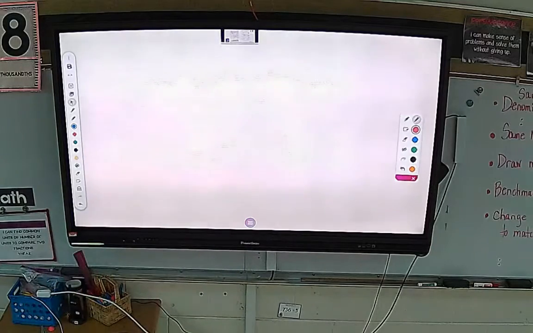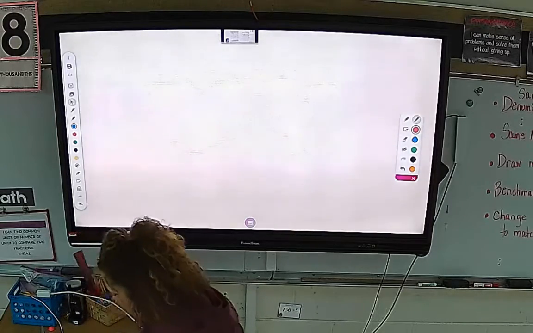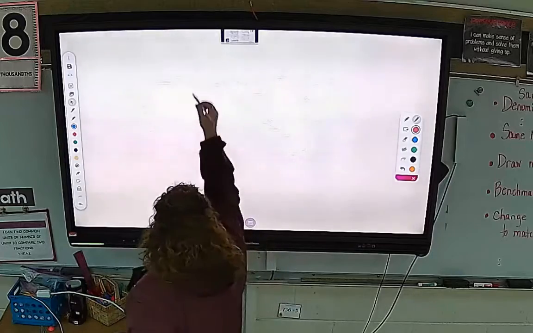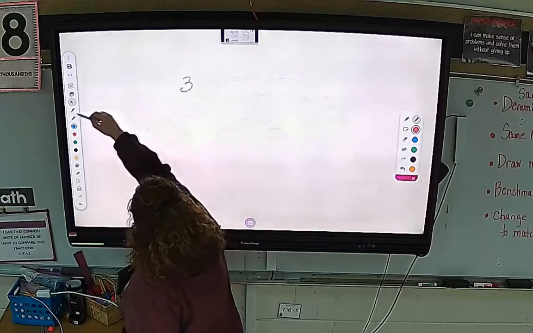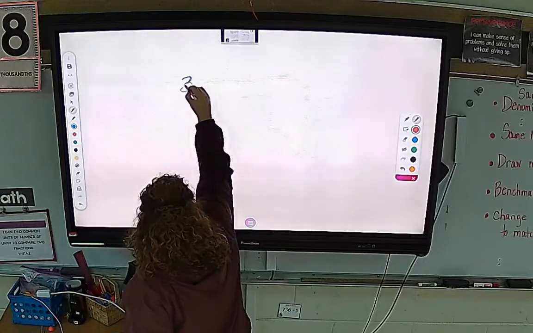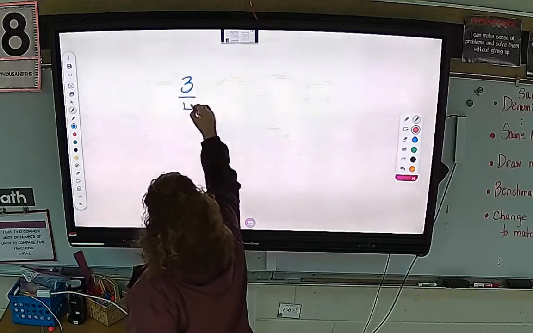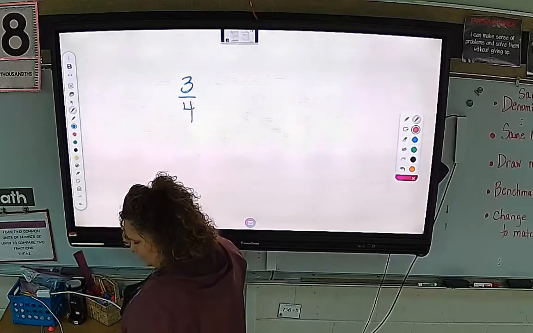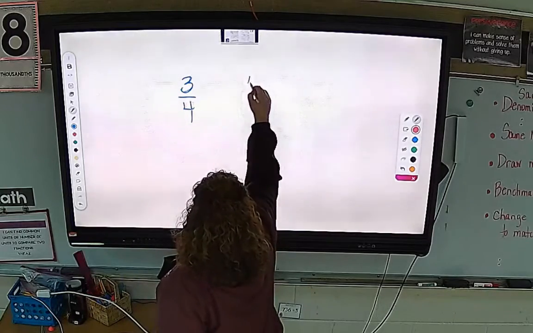So if we had three fourths, you can write these fractions down, and 5/8.